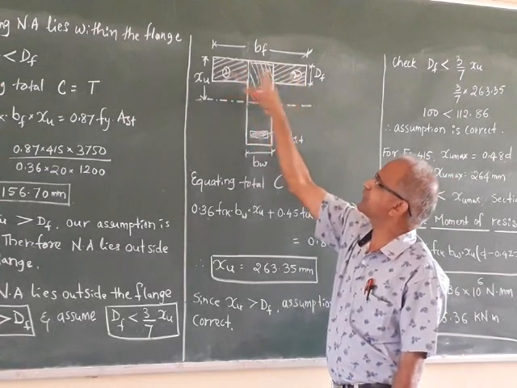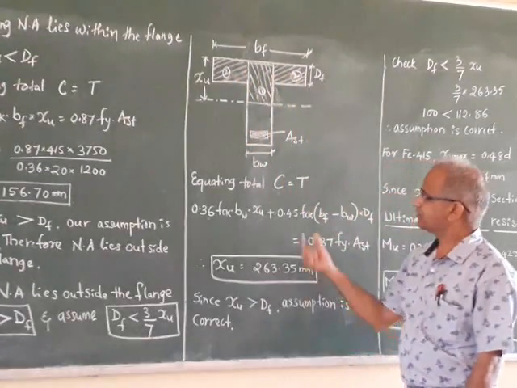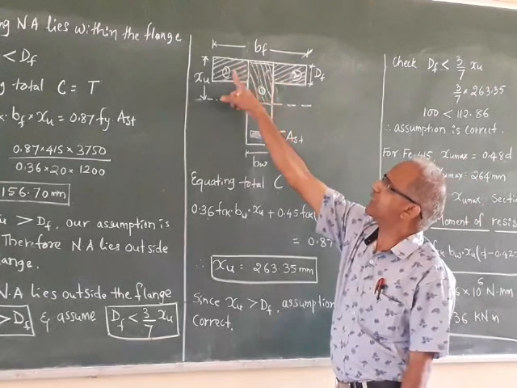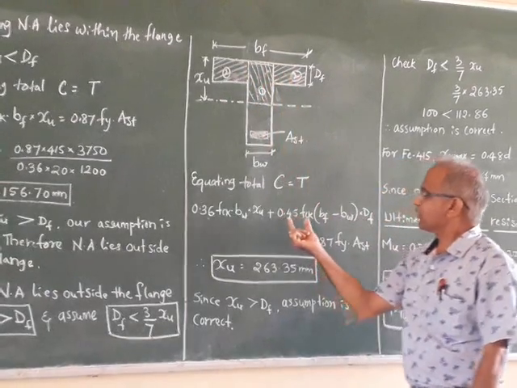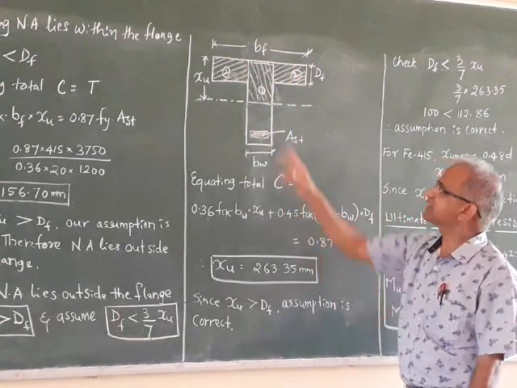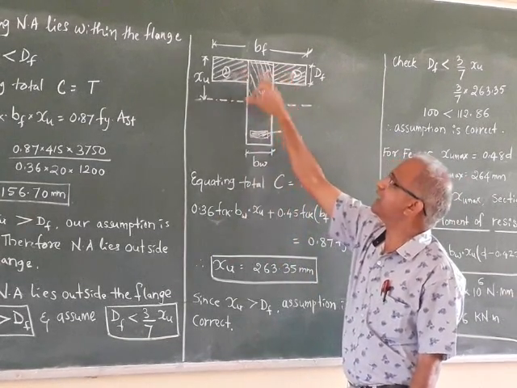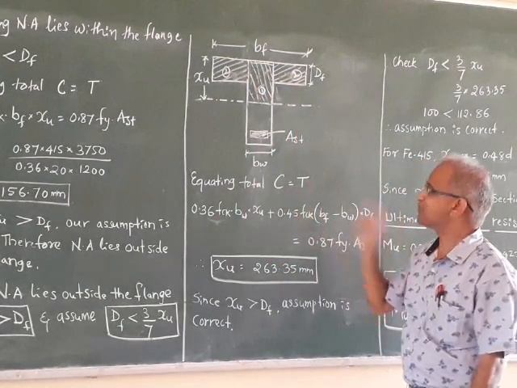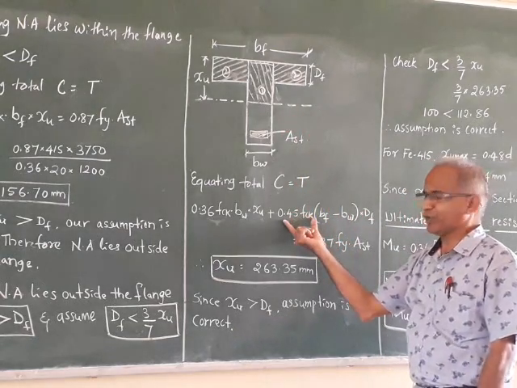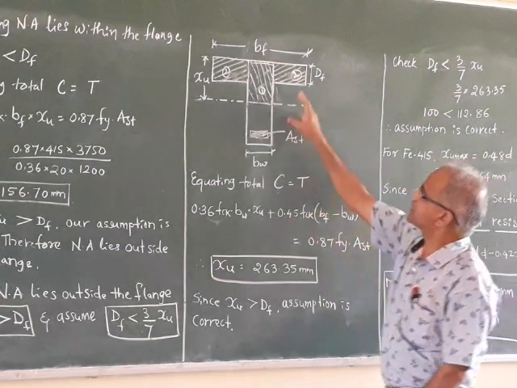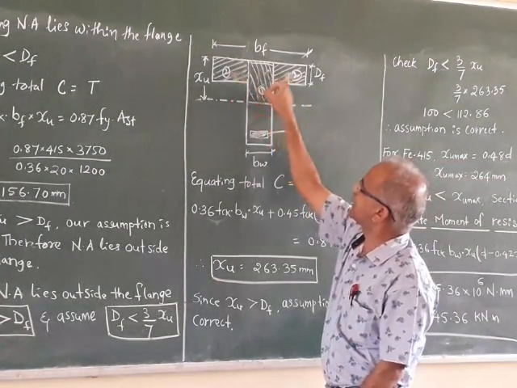This is C1 plus C2. Compressive force in these two rectangles, that is C2. 0.45 FCK is the stress. So here it is 0.36 FCK, and in this flange it is 0.45 FCK. And what is the area of these two rectangles?